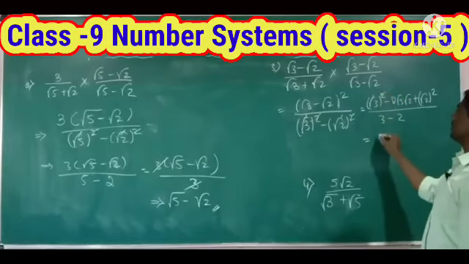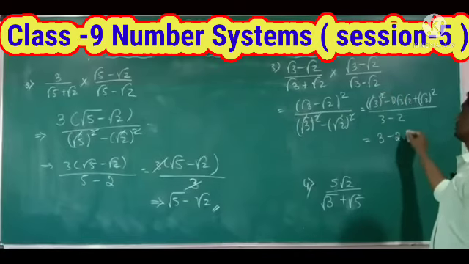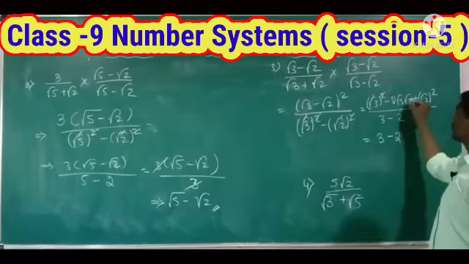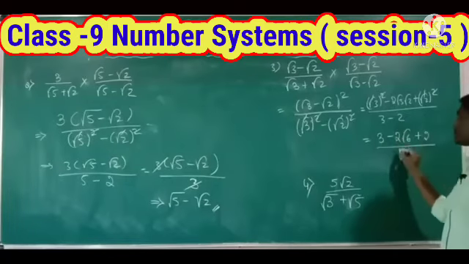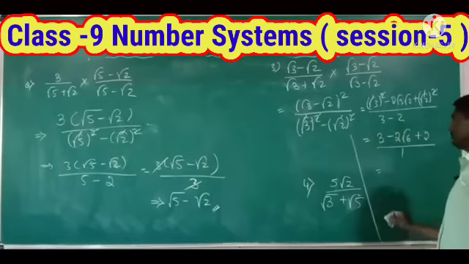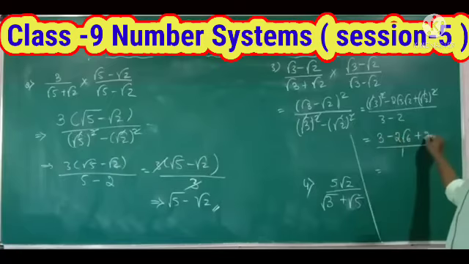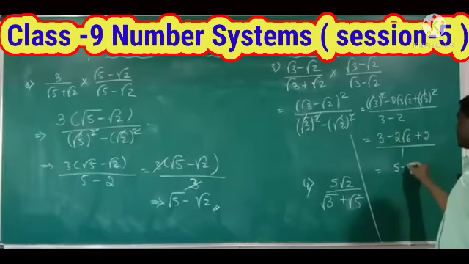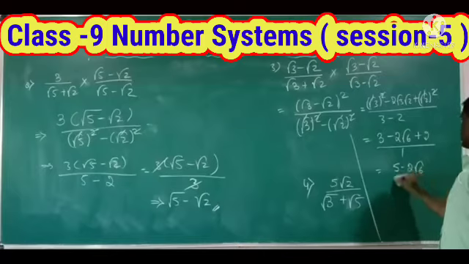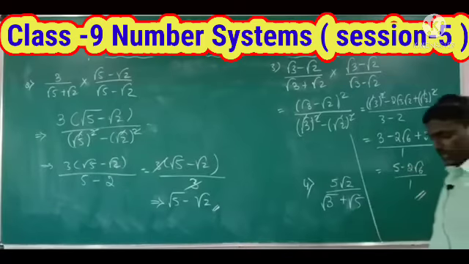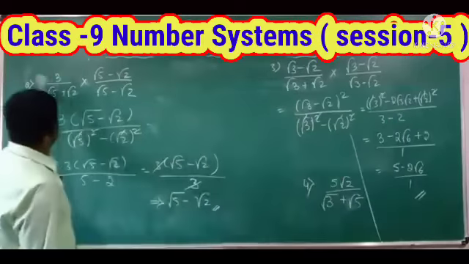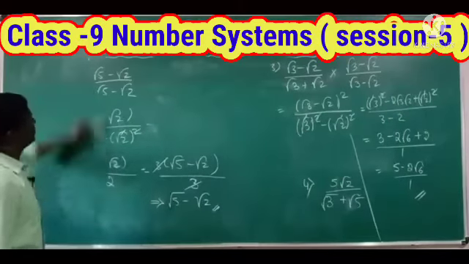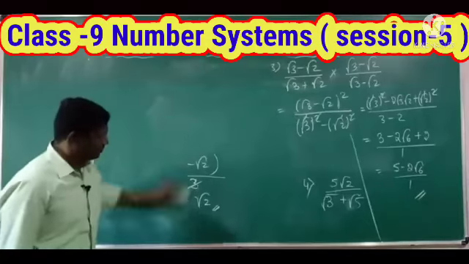Square and root get cancelled, remaining 3 minus 2 into root 3 into root 2, root 6, plus 2, divided by 3 minus 2 which is 1. 3 plus 2 is 5, minus 2 root 6, divided by 1. So this is the required result of the rationalized form. Next, see the fourth question.